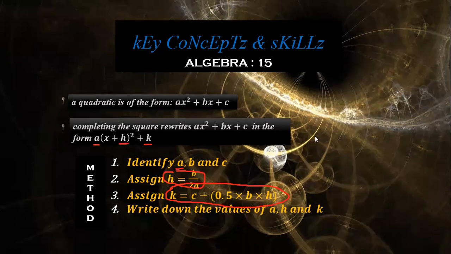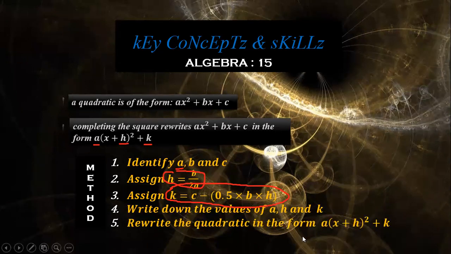And fifthly, simply rewrite the quadratic in the form a(x + h)² + k. So go ahead and stop the video and write this entire methodology down. When you're finished, unpause the video. Good job there, students.